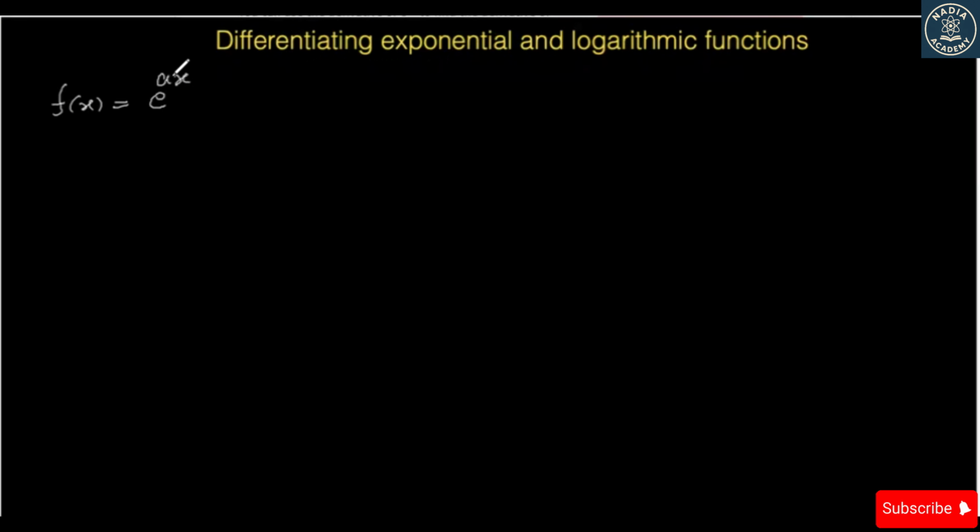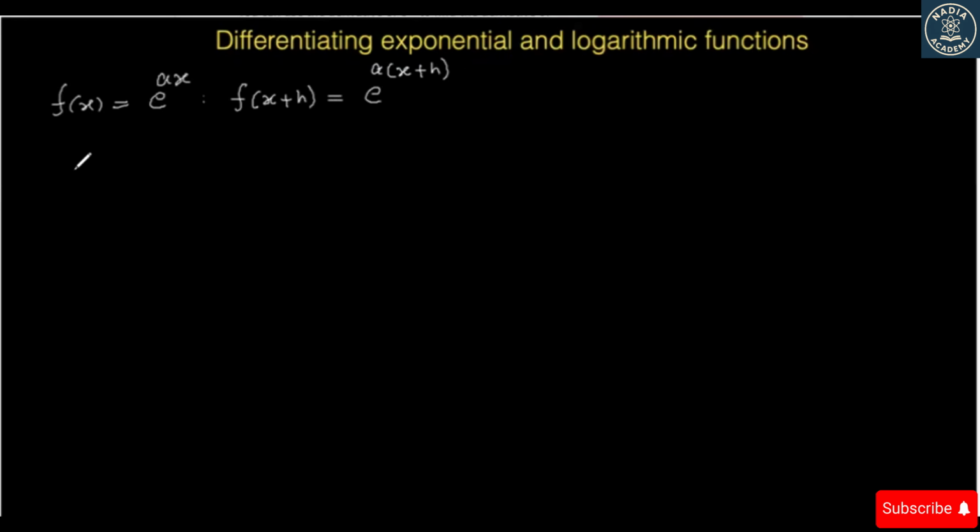So here a is a constant. And for the definition, we also need f of x plus h, that will be equal to e power a, where x is replaced by x plus h.